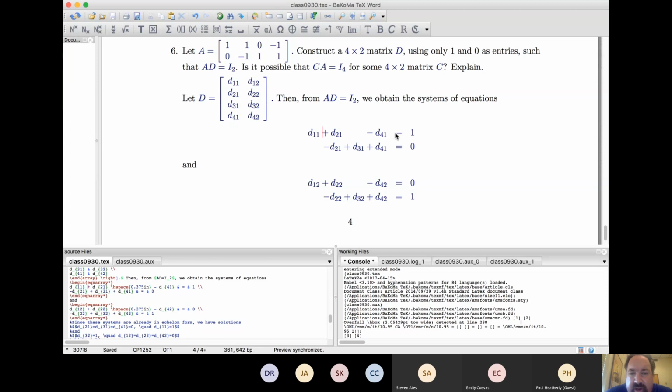D11 only appears in this equation, doesn't appear in this one. Whereas they have D21 and D41 in common. So what I can do is set D11 to 1, set the others to 0, and therefore D31 also 0. Because this expression has to be 0 anyway, I can just set all three of these to 0, and then D11, which is not involved in this equation anyway, just set that to 1.